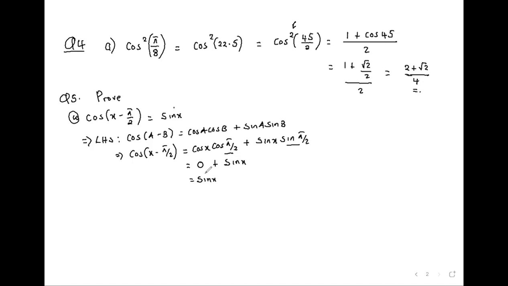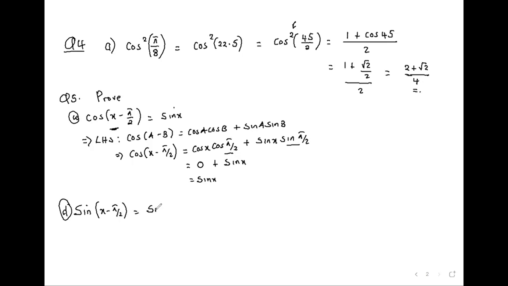So for all these questions here, the only thing that we are asked to do is to show that you understand how to do the expansion of this. G is sin(x − π/2).